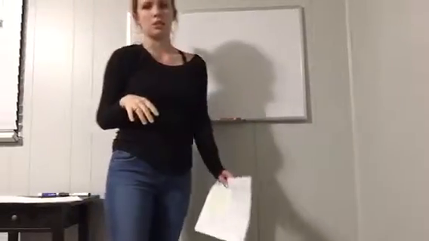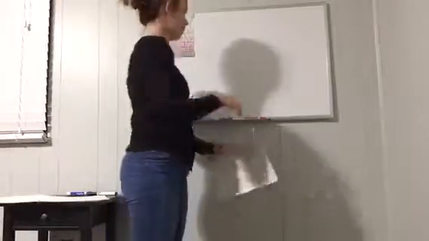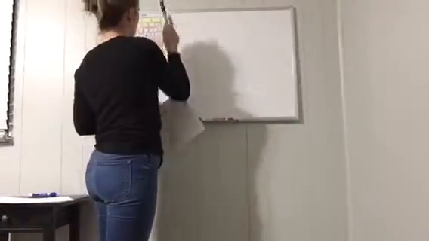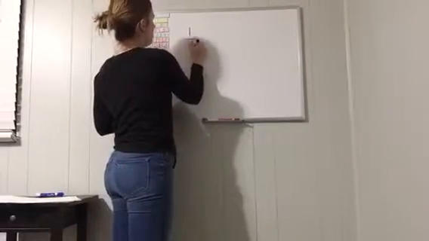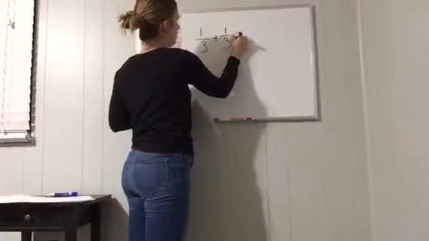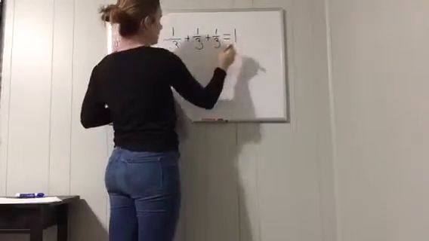Another thing I would do to get students to recognize their fractions is I would have them take note that, say we're doing 1/3, so 1/3 plus 1/3 plus 1/3 equals 1.